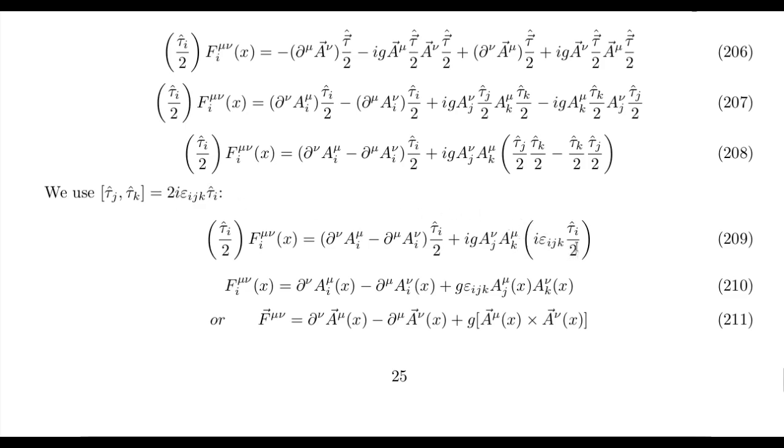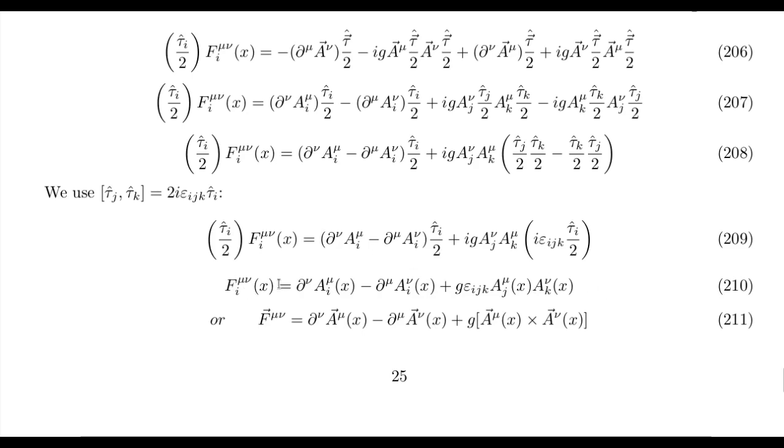Here we have the division by 2 of the new matrix tau I here. Then we can cancel out the term with the tau divided by 2 here, because in every addend we have the same term. We need to write here the parentheses, and so we have this 210.